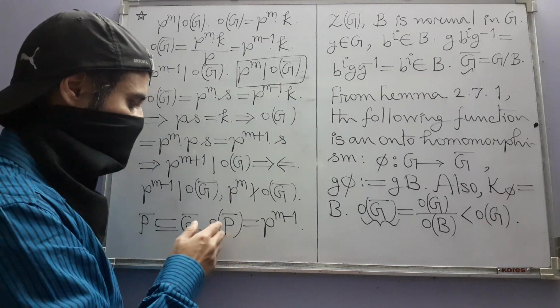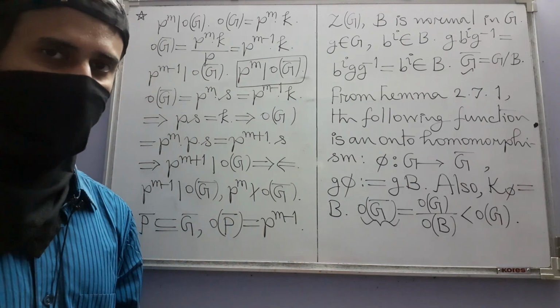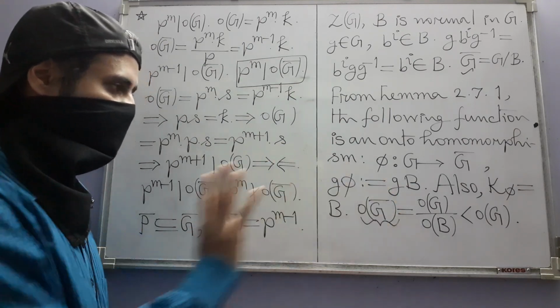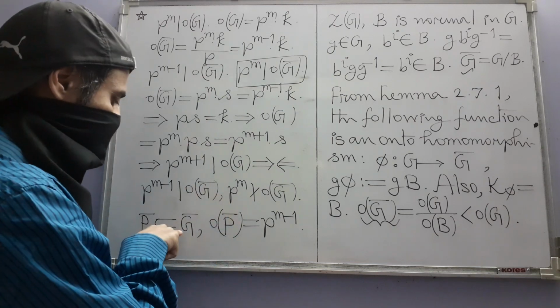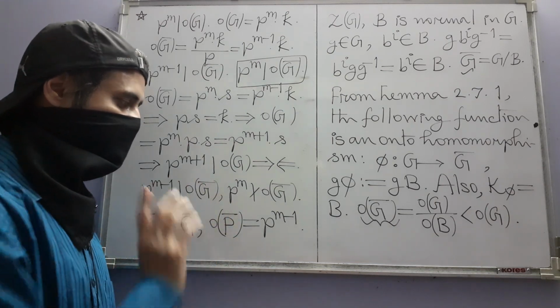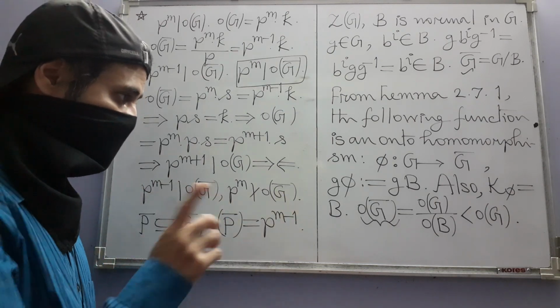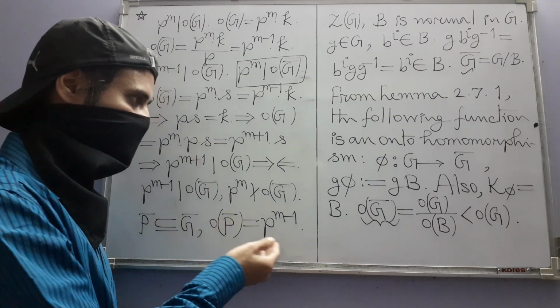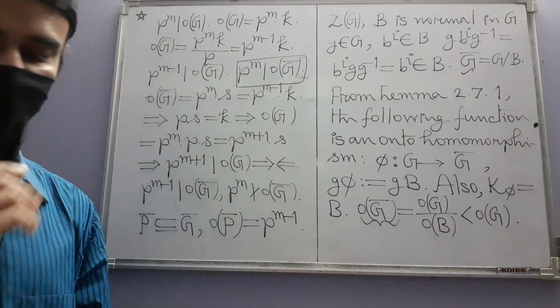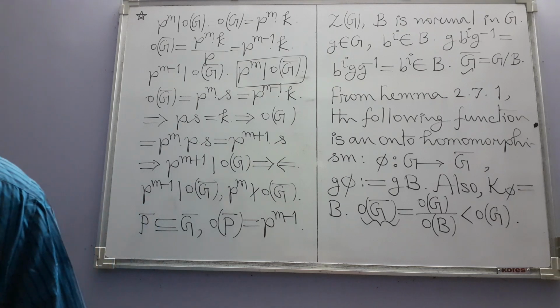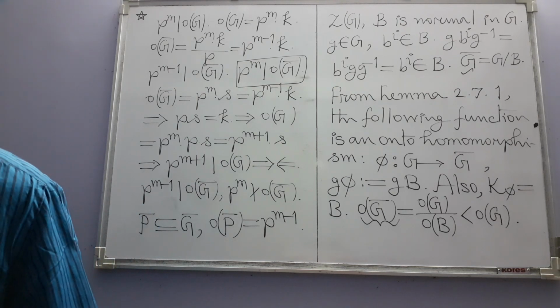Now, but what shall we do with this subgroup? Because it's not a subgroup of G, we are in another group now in which this is a subgroup of some order. However, we can use this subgroup to get a subgroup of G like this, if you use the correspondence theorem.